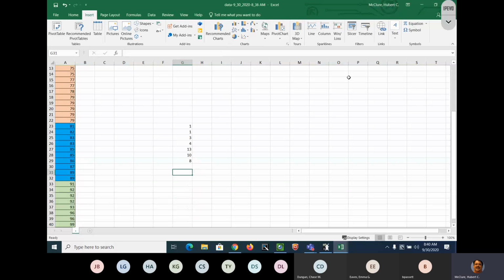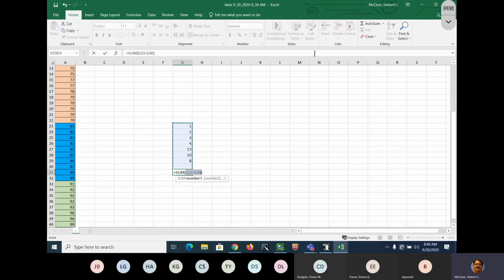Of course, we need a total. So, there we go, and hit enter. So, equals this divided by 40. Let's just do that and hit F4, function F4.